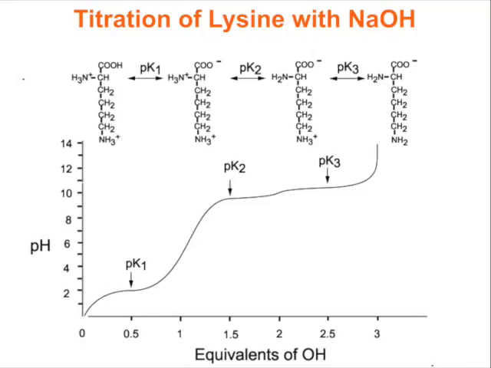Now keep in mind that all of this information is for a single amino acid. Not often do we find single amino acids on their own in the body. Usually they are linked together in a polypeptide. When that happens, the alpha amino group of one amino acid is bound to the alpha carboxyl group of a second amino acid through a peptide bond.